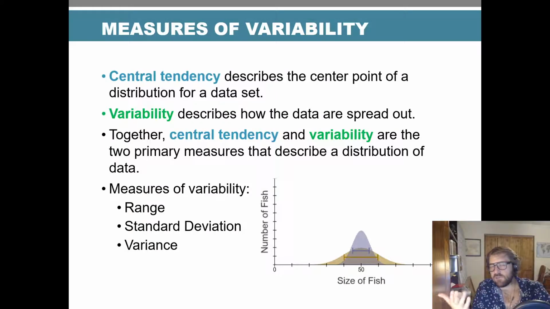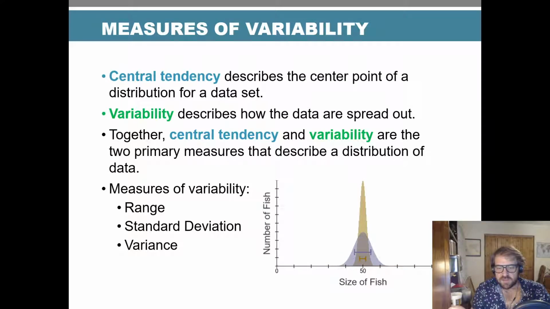So we can have a central tendency measure that is exactly the same, but the variability may not be the same. You can also think of it like this. Let's say the brown boat moves to a different part of the ocean, and here, almost all of these tuna are 50 centimeters, or very close. And so now our distribution has really shrunk down.